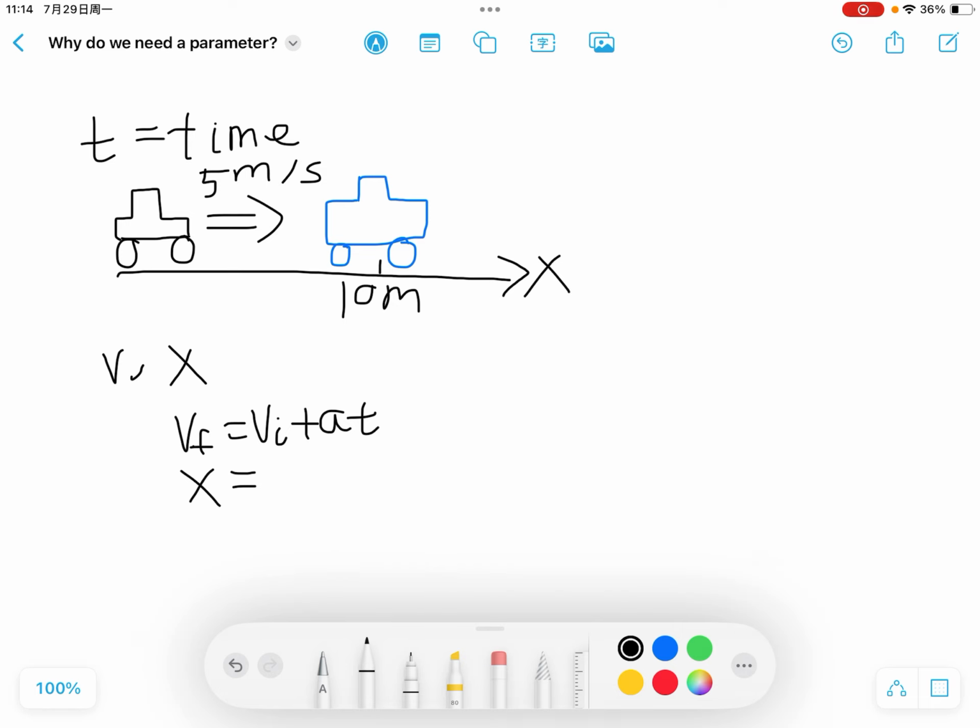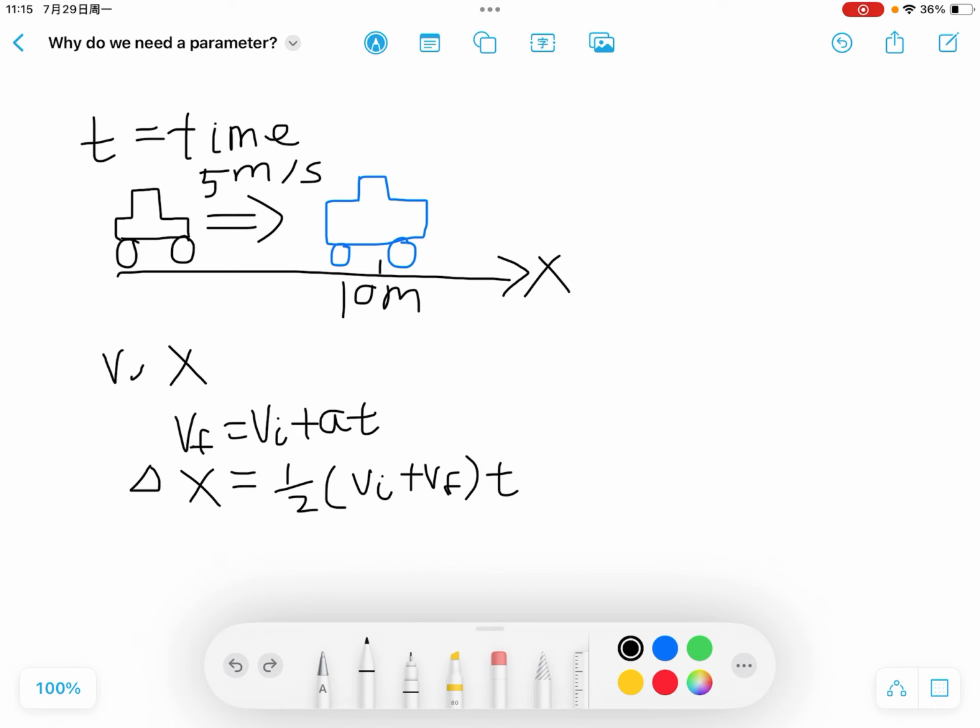Now, what about my x position? My x position is obviously also related to time, because delta x, the change in position or change in displacement, is equal to 1/2 times vi plus vf times t. So this is just the average of the starting and ending velocities. You can also watch my video about the big 5 kinematic equations.